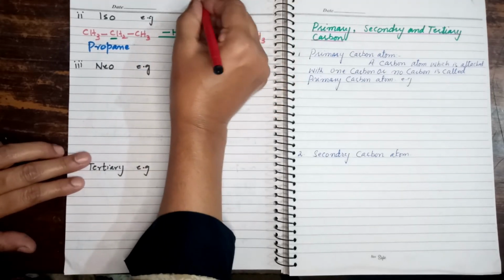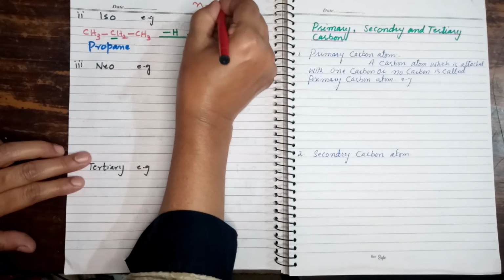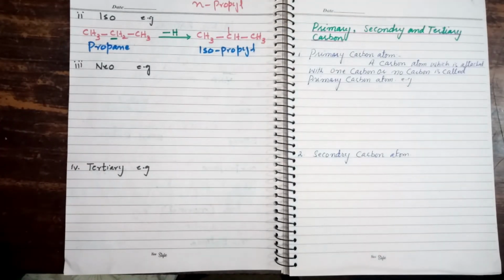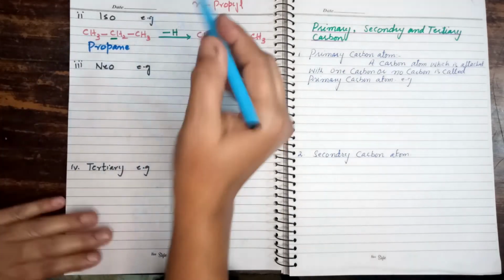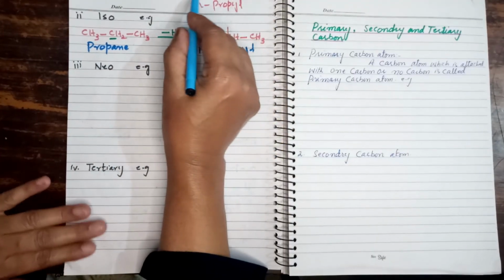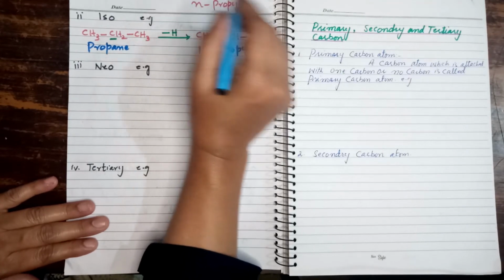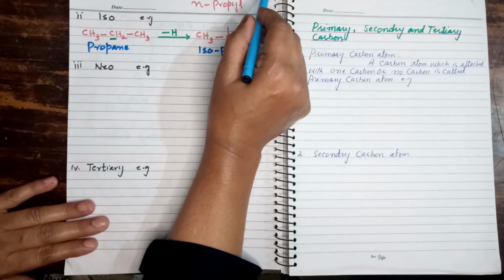What is the name of this radical, students? This is n-propyl. Here you can notice, in n-propyl, one hydrogen is removed either from the starting carbon or from the ending carbon, right?